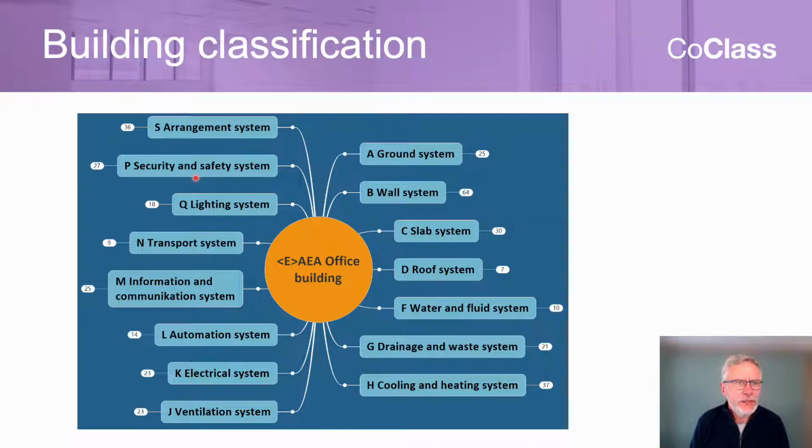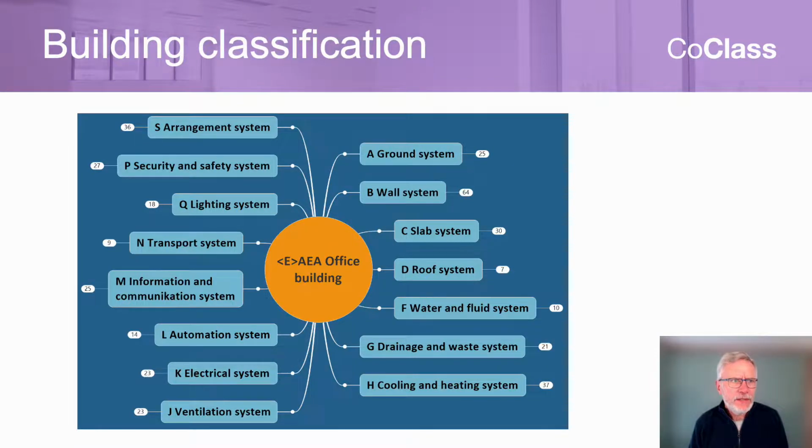And this is where you can stop if you want to have the building erected. You can stop on this level, defining your requirements and say, I want the roof to be of this kind, I want the automation system of a specific kind, and so on. You don't need to get into any more detail.